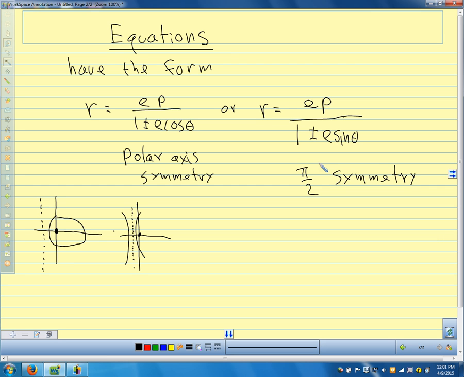Oh, and I forgot to say one thing. E, just to reiterate, E is the eccentricity. And P is the positive distance from the focus to the directrix.